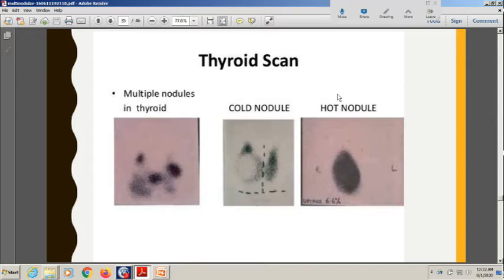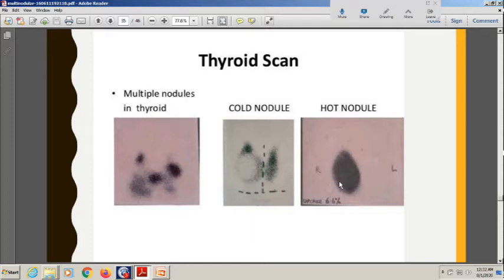There is no normal thyroid gland, only the toxic part takes up the dye. So this is a hot nodule, which we can easily say is toxic.